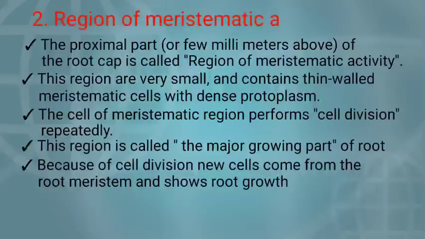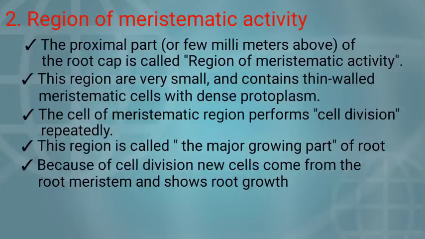The second one, region of meristematic activity. The proximal part or few millimeters above the root cap is called region of meristematic activity. In this region, the cells are very small, contain thin walls and have dense protoplasm with meristematic activity, which means the cells of the meristematic region perform cell division repeatedly.